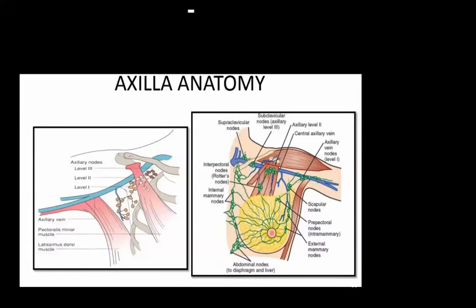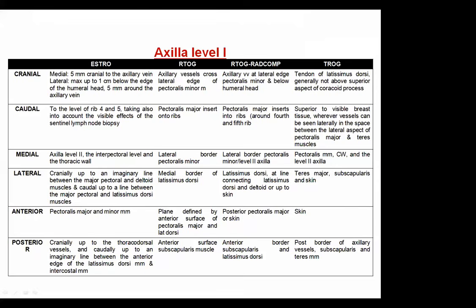include the vessels. So as you know, as I told, this is the axillary group of lymph nodes. Let's discuss level 1 first. There are many guidelines: ISTRO guideline, RTOG guideline, RTOG REDCOM guideline, and DRAW guideline.